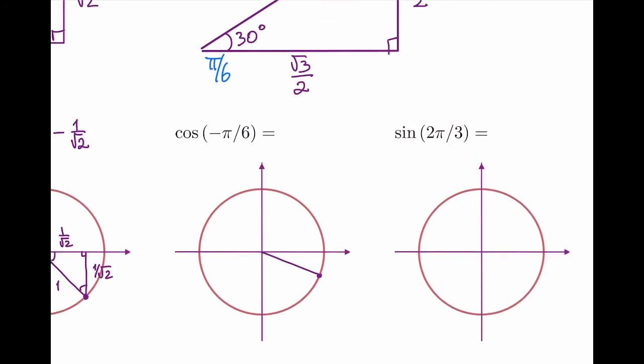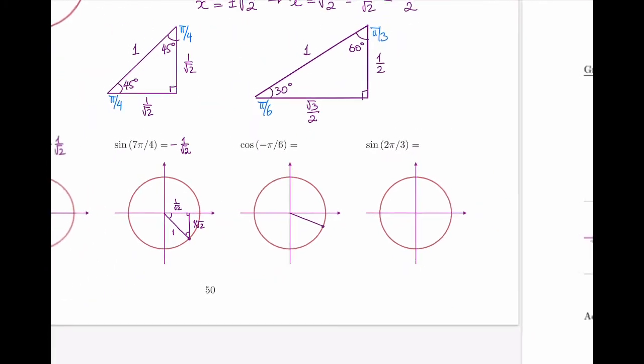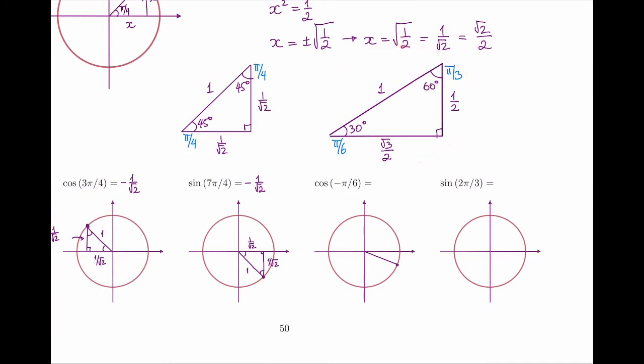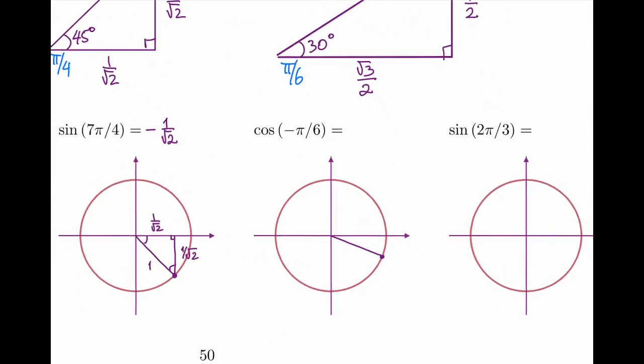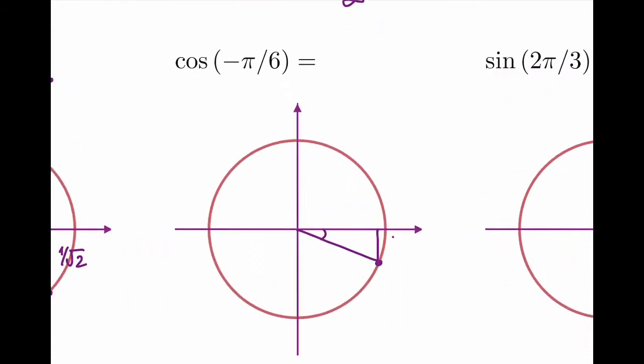So my π/6, or this angle, is this angle right here, which means that I kind of took this triangle, turned it around, and placed it here like this. Okay, so sometimes it takes a second to really visualize. This is my π/6, which means that my triangle here got flipped to look like that, where this side then is 1/2 and this side is √3/2.